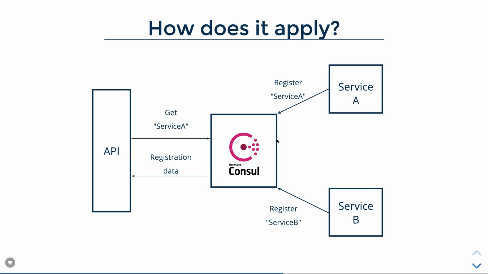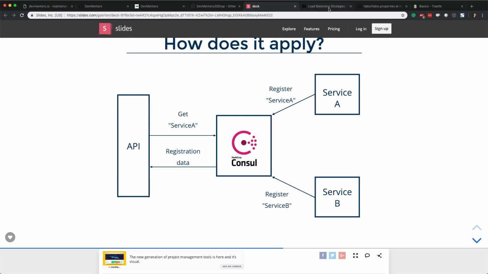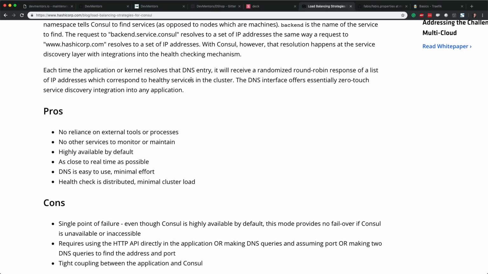Yes. And I think an important thing to mention here is that Consul works in a sort of randomized way. If you take a look at the Consul documentation, you can see, as I described, that whenever your application calls the Consul registry for the DNS, it will receive a randomized round-robin response, right?